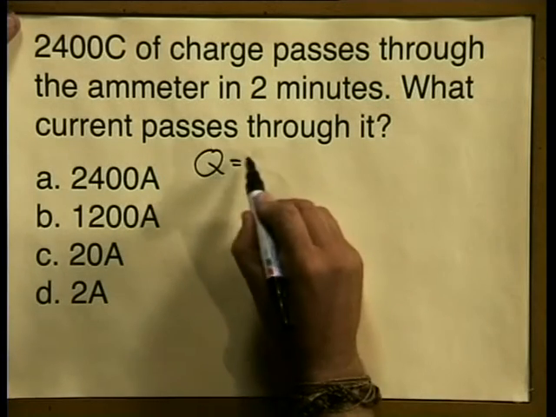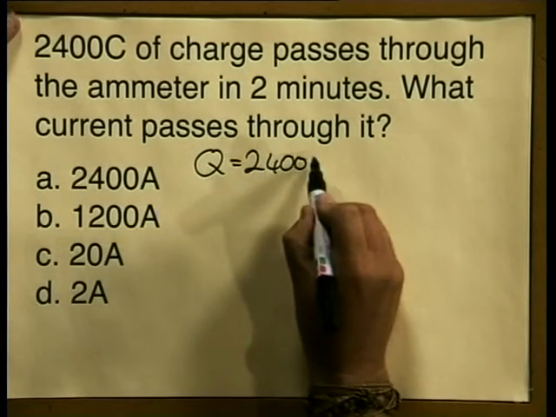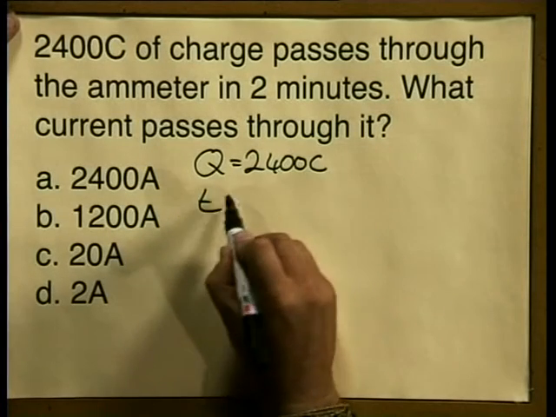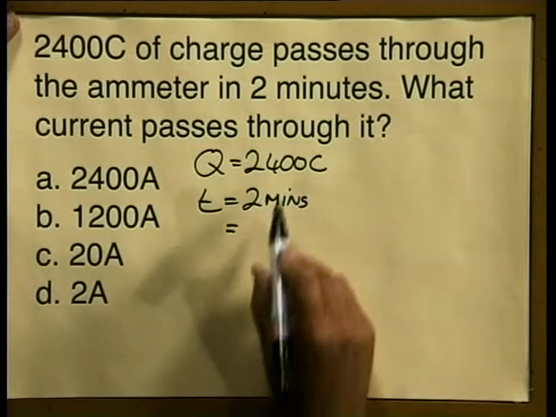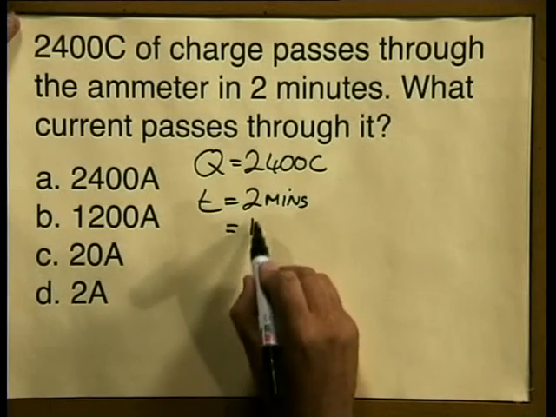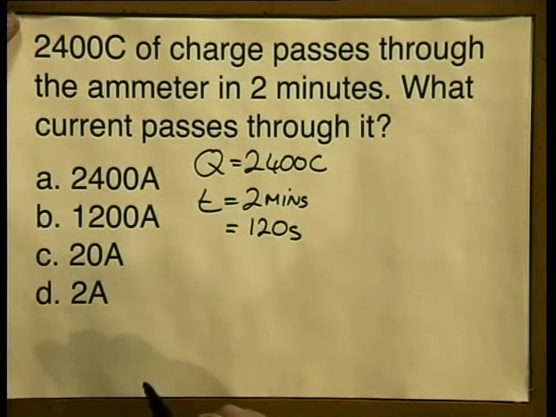Q is equal to 2,400 coulombs. Time is equal to 2 minutes. Remember, we must convert to seconds, so 2 minutes becomes 120 seconds.